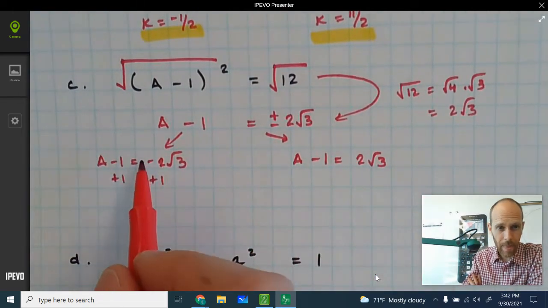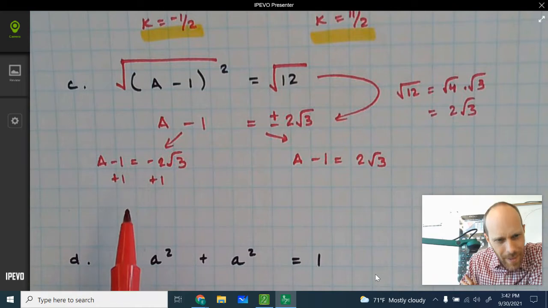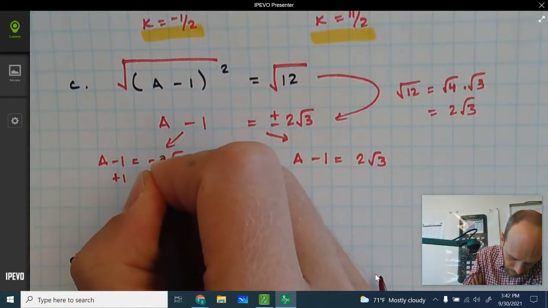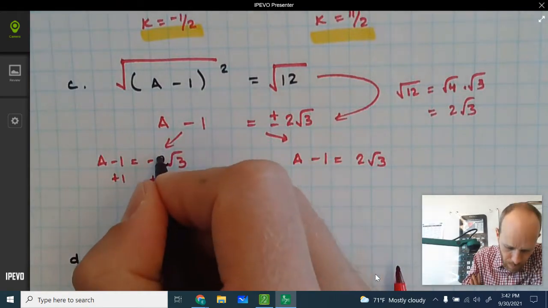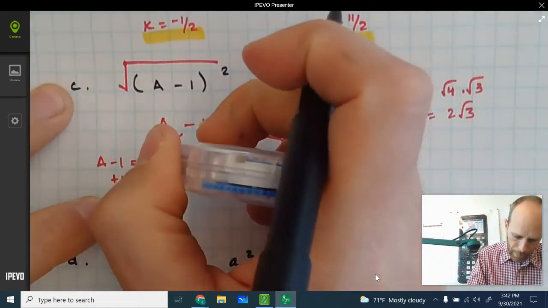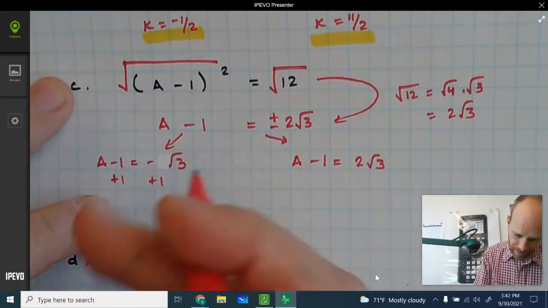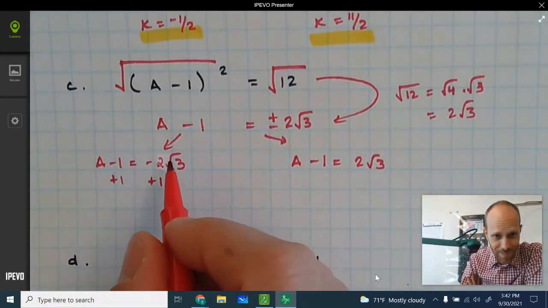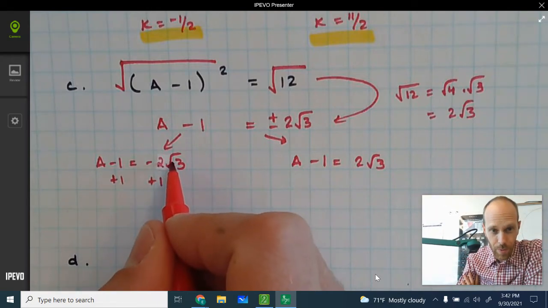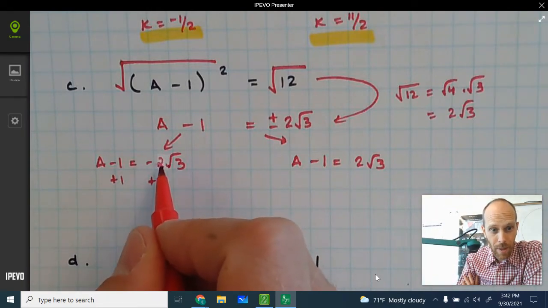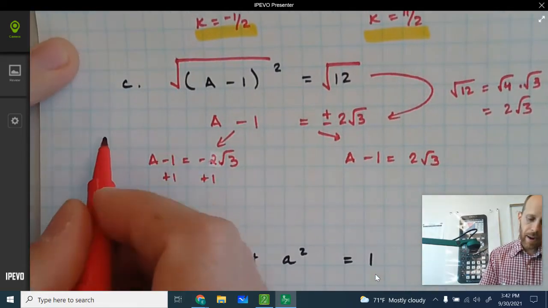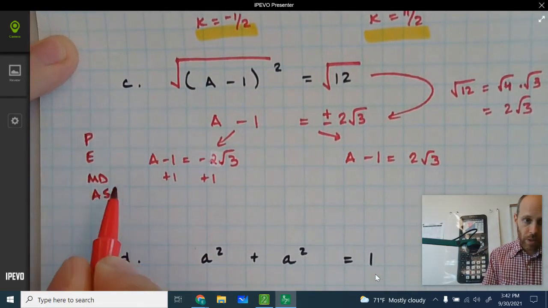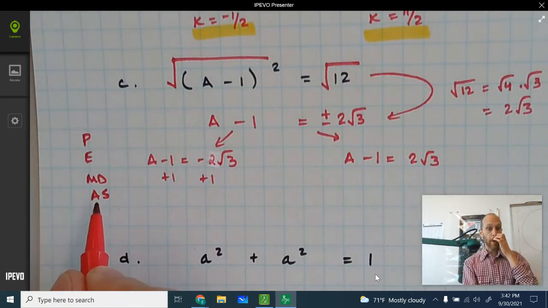Here's why. Think about what that 2 is. So 2 times roots of 3. Since this is multiplied and this is added, by our order of operations, you have to multiply before you add.